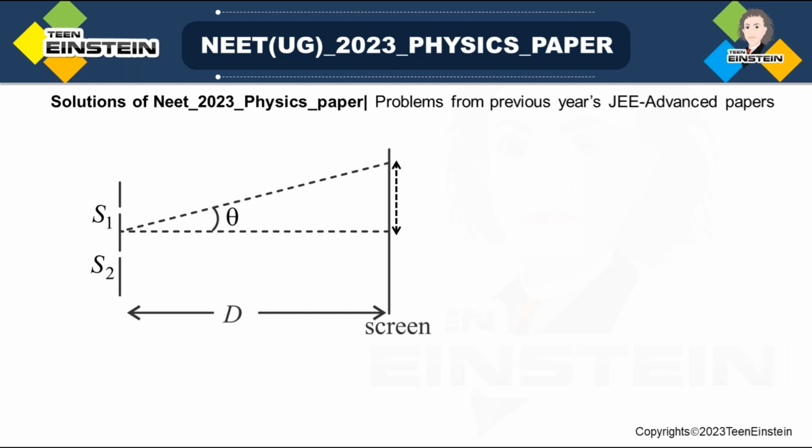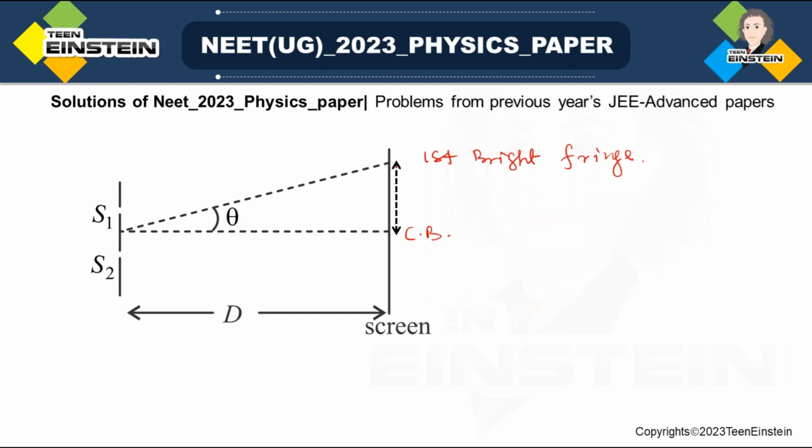So what is the situation here? Look here, these are slit 1 and slit 2. This is the central bright fringe CB, and this is, suppose, the first bright fringe, and this theta is the angular fringe separation.